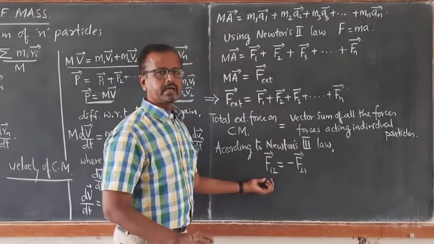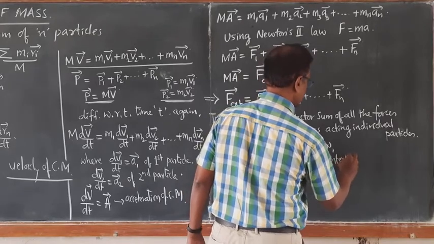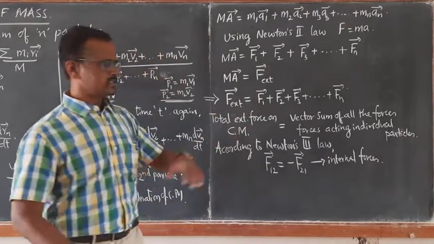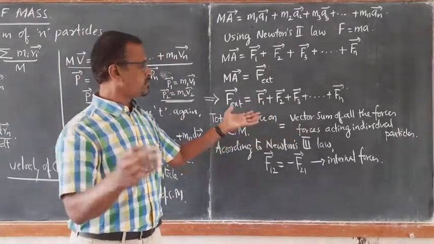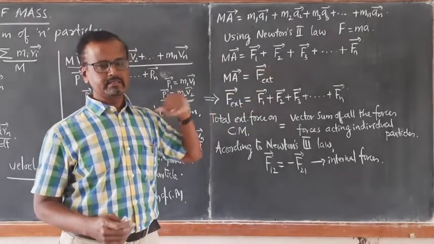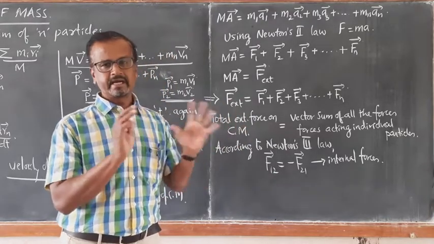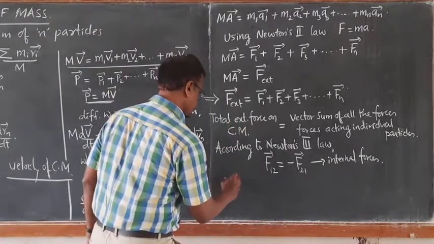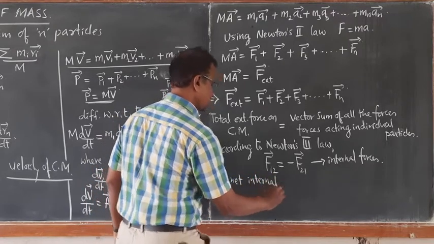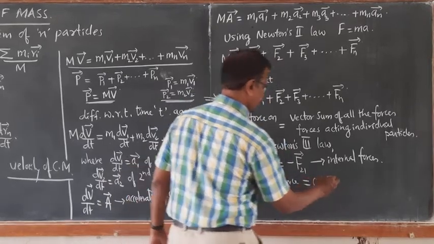These are interactive internal forces. So like this, if you consider so many pairs of particles in the system of n particles, then the interactive internal forces cancel each other. Therefore, net internal force becomes 0 because of Newton's third law.